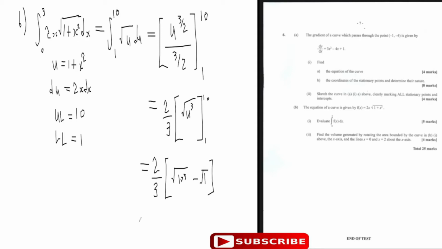So that's going to be 2 over 3 times 10 cubed, which is 1000, and the square root of 10 cubed, then we subtract 1, then we multiply it by 2 over 3.